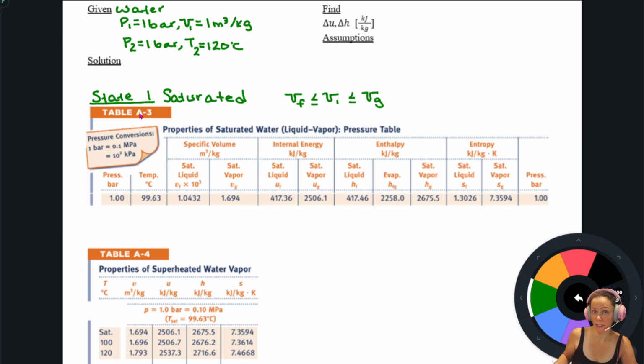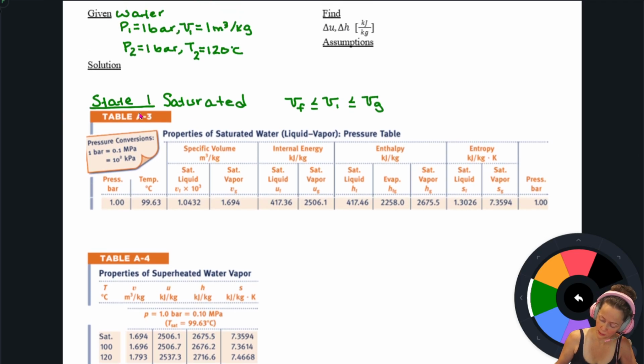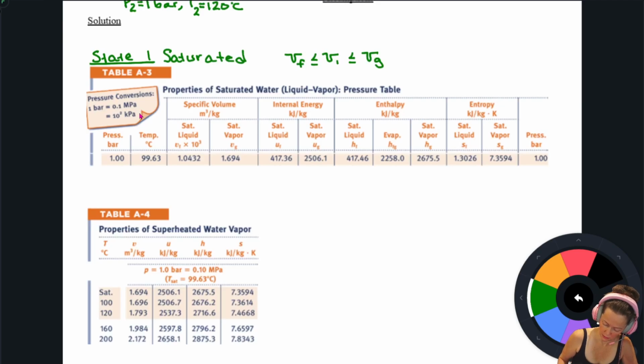That tells me I need to figure out a quality, because my internal energy and my enthalpy are going to depend on it.